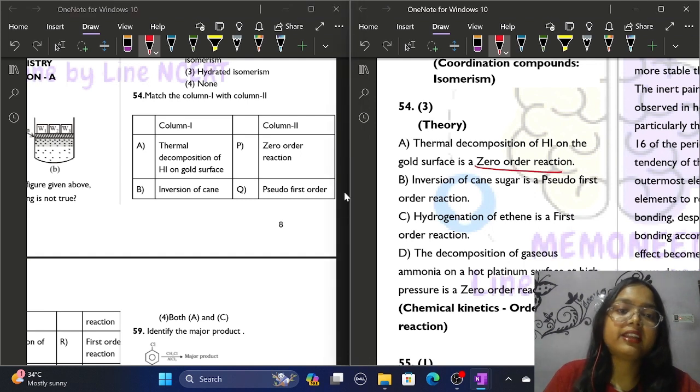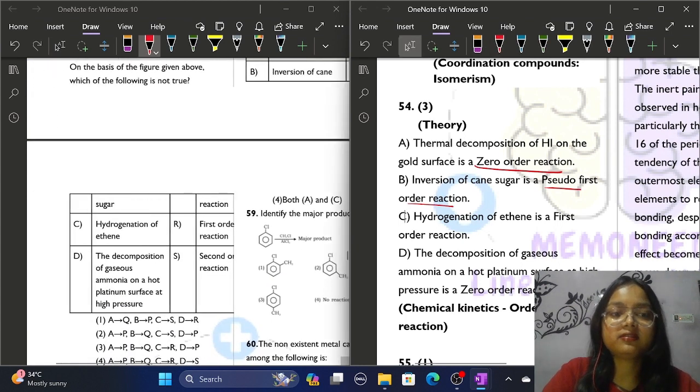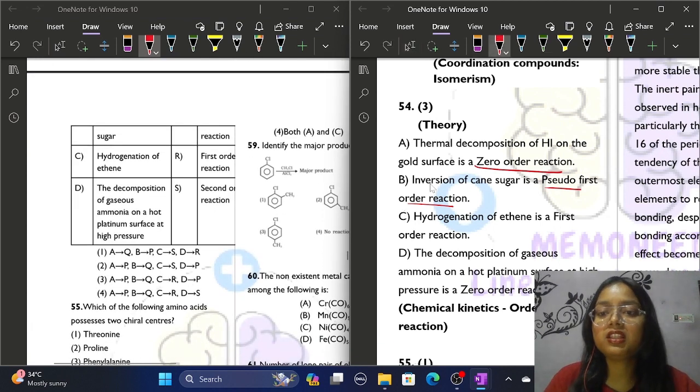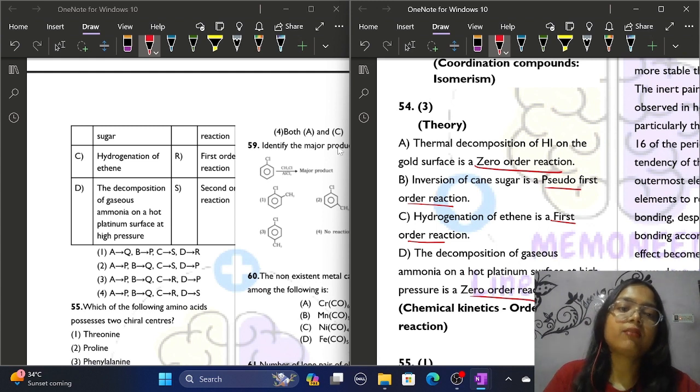The inversion of cane sugar is a pseudo first order reaction. The hydrogenation of ethene is a first order reaction, and the decomposition of gaseous ammonia on a hot platinum surface at high pressure is a zero order reaction. So on matching all these, the correct option is option number C.